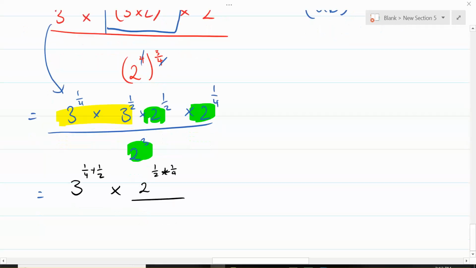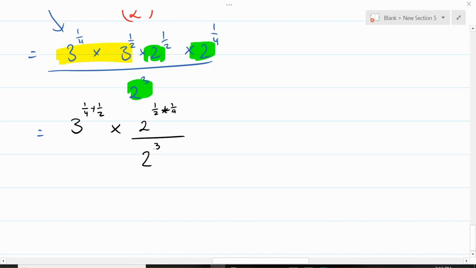And remember, because you're dividing, it stays over there and you can write that as 1 if you want. So I'm just separating them apart. This now becomes 3 to the power of 3/4, since half plus a quarter makes 3/4.